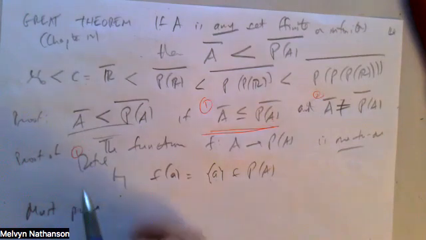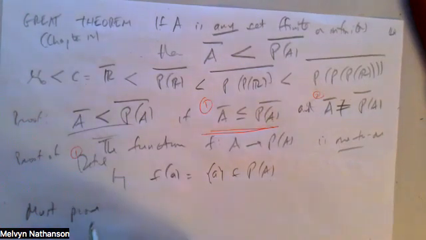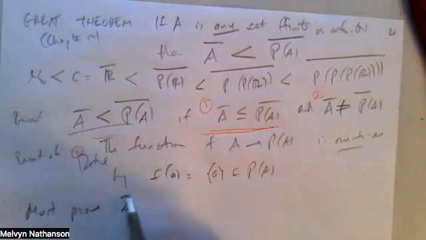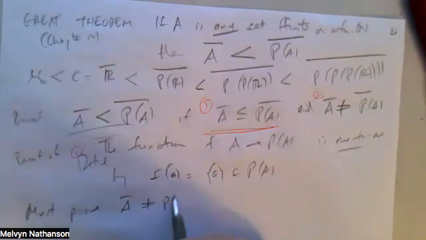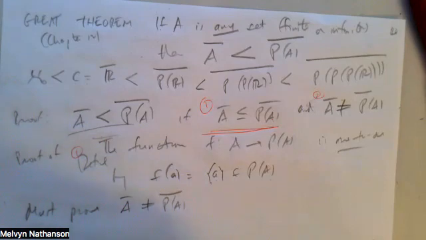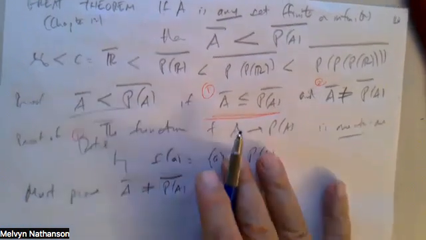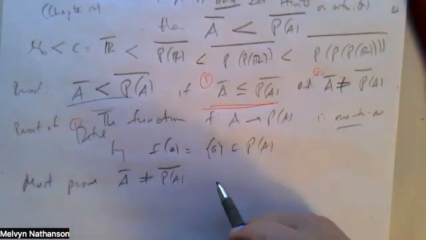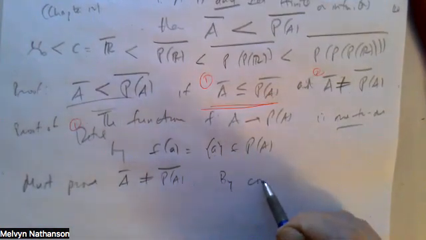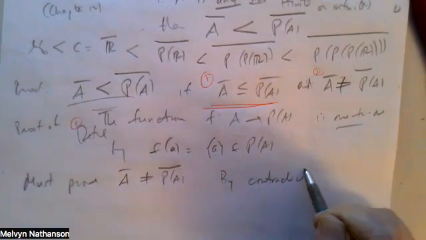We must prove, and this is the hard part, that the size of A is different from the size of the power set of A. And the proof is, again, by contradiction.